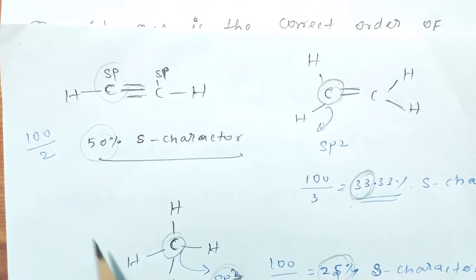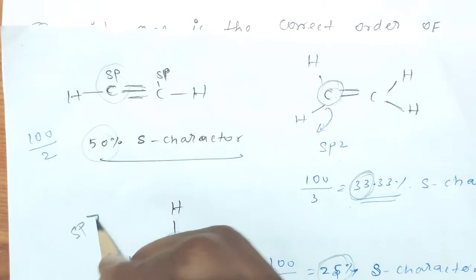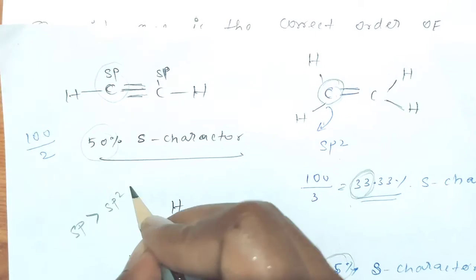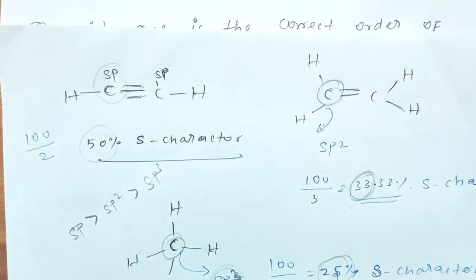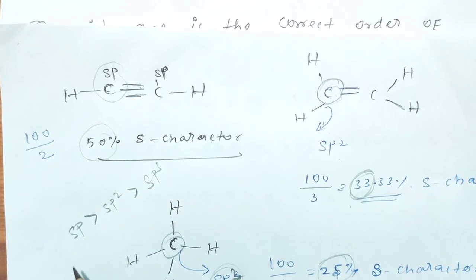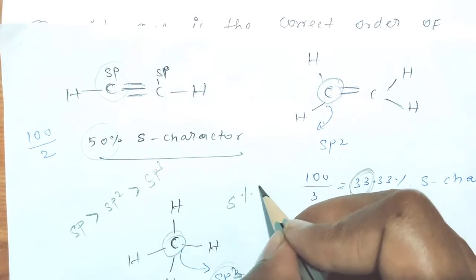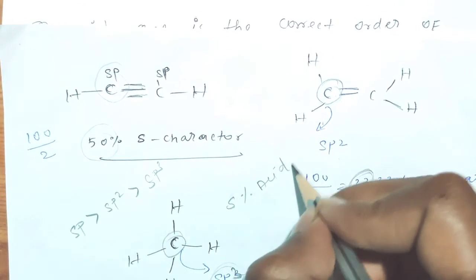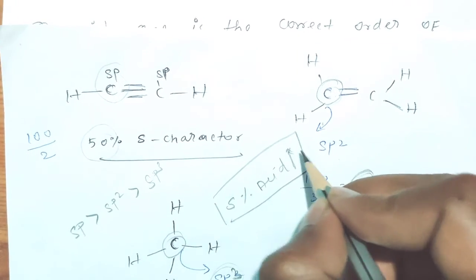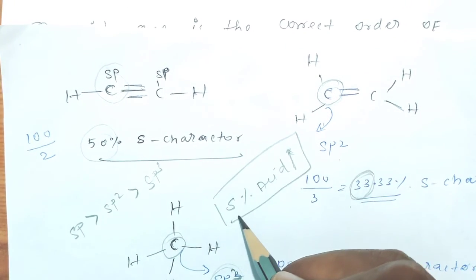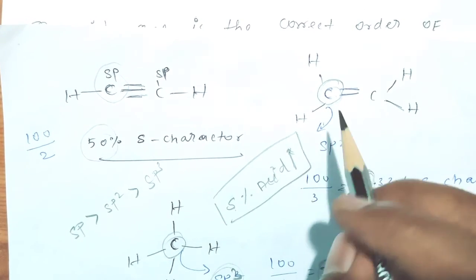So sp has more s character compared to sp2, and sp2 has more s character compared to sp3 carbon. Generally, as the s percentage increases, the acidity of the corresponding hydrogen on that carbon also increases.